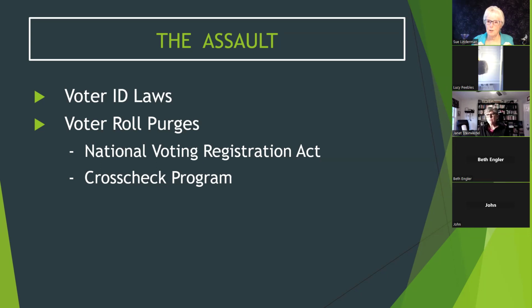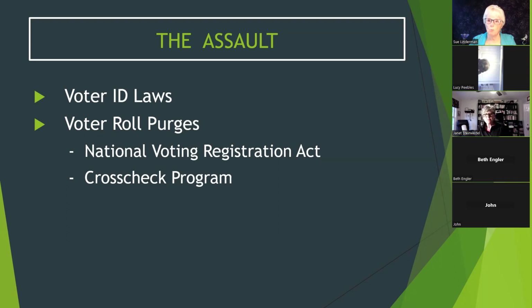And they found that there were 6 cases where it was the same person registered to vote in 2 states. In 5 of them, the person had moved to Kansas and was voting there. In the other one, the person had moved from Kansas and was voting there. So ultimately, the states did determine that they were spending an awful lot of money, not for much benefit, in attempting to uncover voter fraud and stopped the use of the cross-check program.